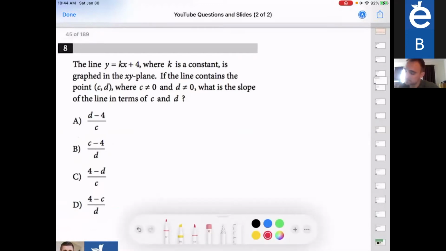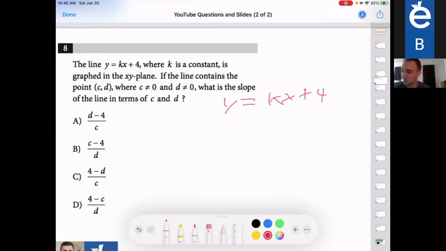So let's think about this here. We have this equation, y is equal to kx plus 4. We can see this is already in something resembling our y is equal to mx plus b form, right? So now we're trying to solve for k. K is essentially our slope in this point, right? It's in that m position. So how can we solve for the slope in terms of C and D?